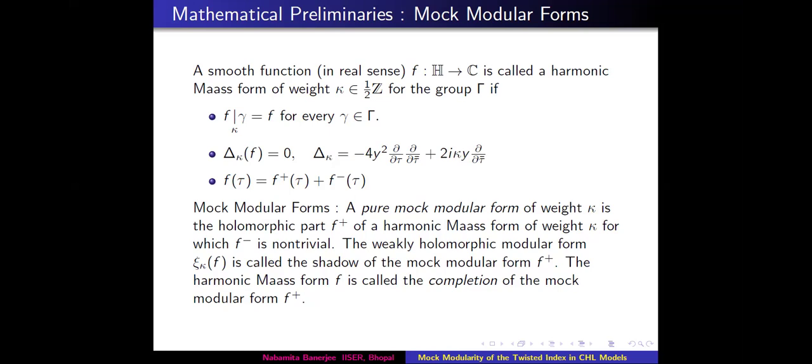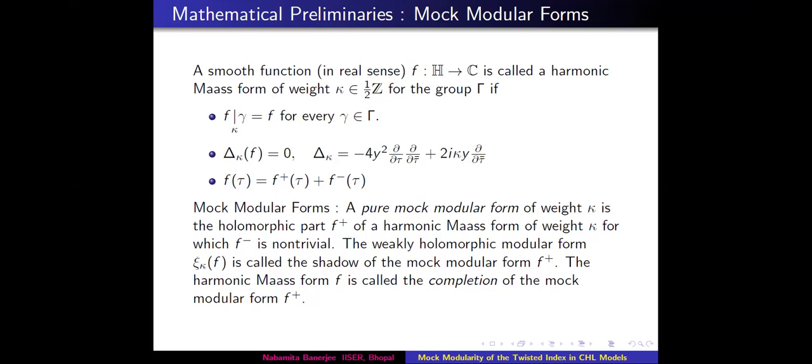Okay? Once I know F plus, and then act on it with this particular operator, which is known as the shadow operator, like this delta operator, the form of the shadow operator is also known. This on F plus gives me a modular form. If this is true, and if there is a non-trivial F minus, then F plus is called mock modular.